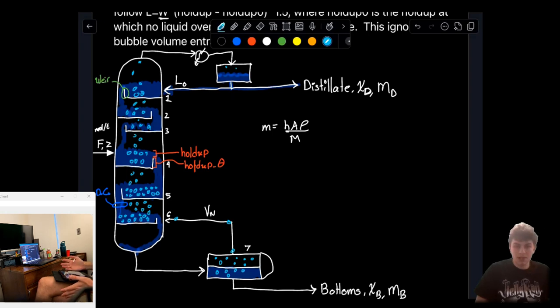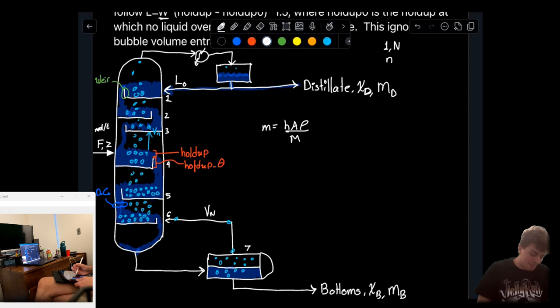Now, we have vapor. Let's take stage 4 as an example, and I'm going to kind of conceptualize these just in terms of variables we could use for any stage, right? So the vapor that's traveling up from this stage, we're going to call V lowercase n. And the reason is, in this kind of naming scheme, we're going to assume that stage 1 to 7 is really stage 1 to capital N, with lowercase n being the stage that we are currently on.